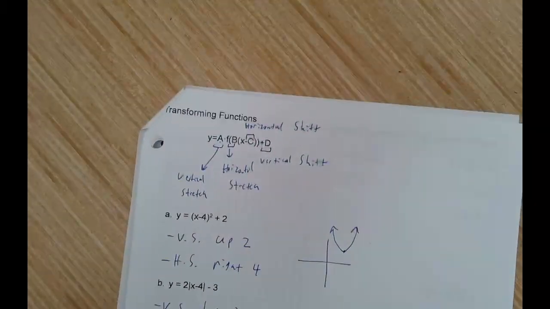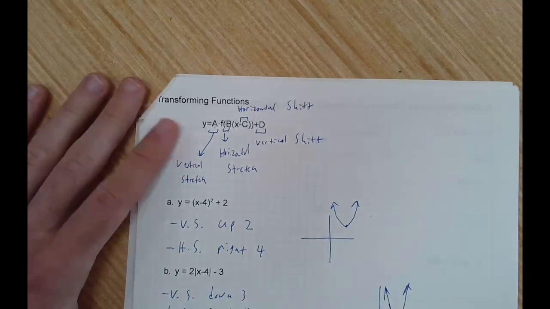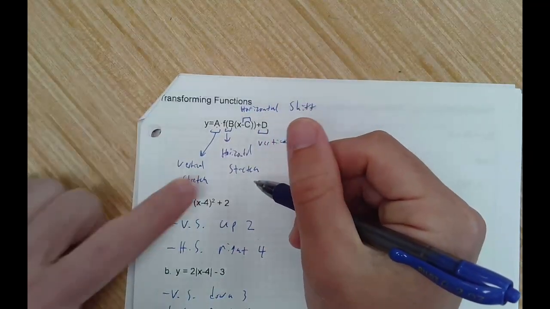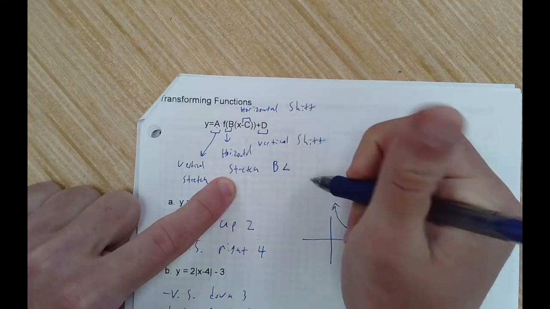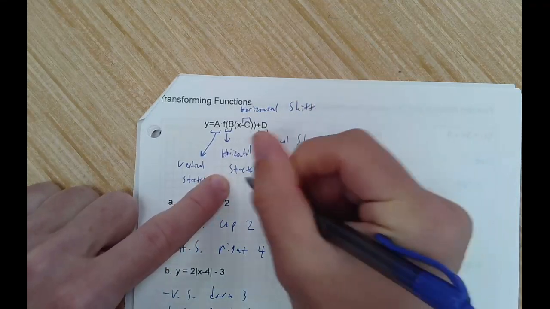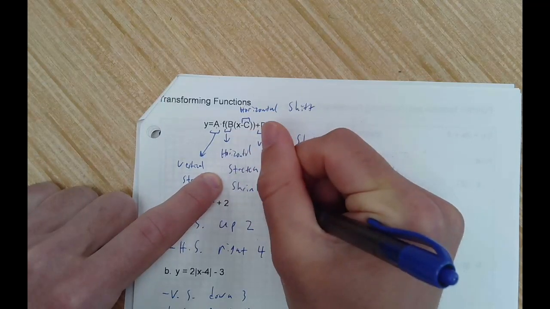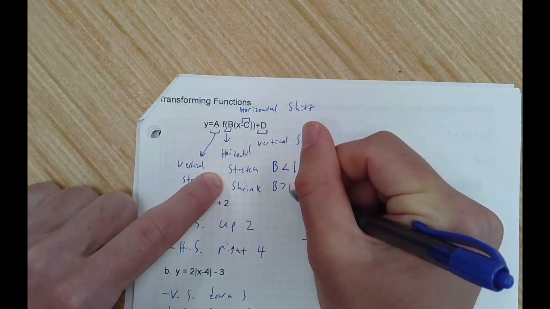So let me go back up to this for a second just to clarify. It's a horizontal stretch if b is less than 1, but it's a shrink if b is greater than 1.